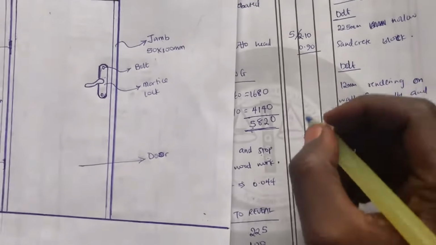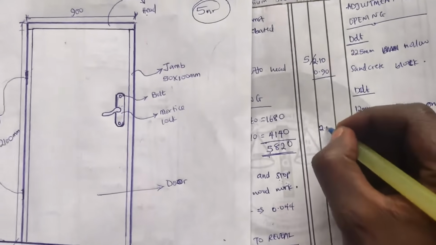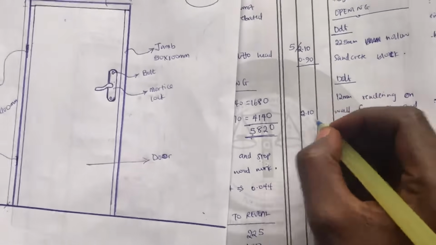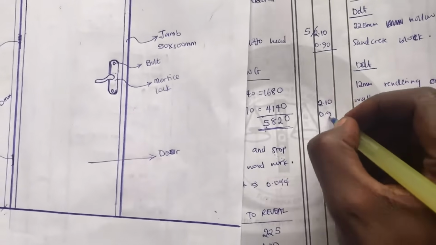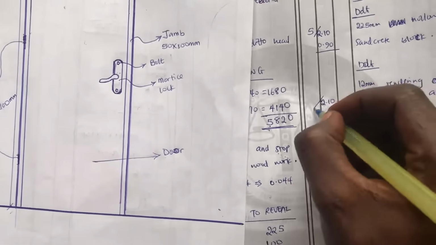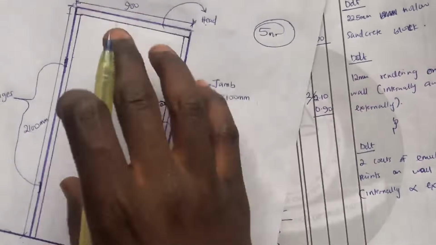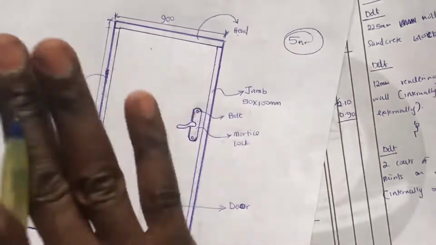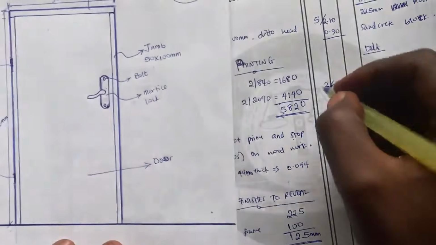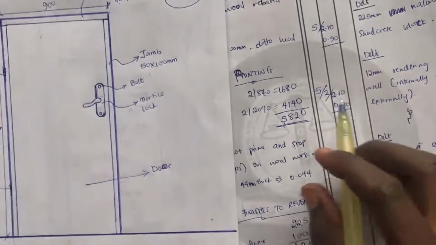So I'll still pick the length of my door, 2.1, by the width of my door, 0.9, multiply it by 2 because I'll be rendering this side and the other side, painting this side and the other side. Then I'll multiply it by 5, which is 5 dot.